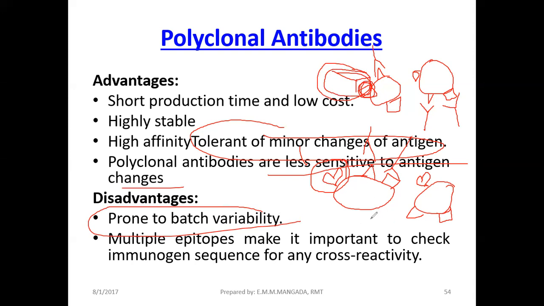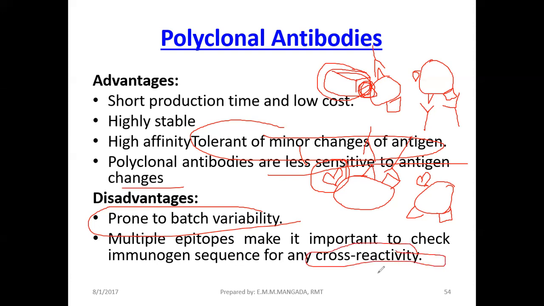Konti lang yung square epitope. So, less sensitive siya. Ibig sabihin, medyo hindi ganun kita yung result niya. So, prone to batch variability. Pwedeng mas madami yung antibody sa ganitong epitope or mas konti yung antibody sa ganitong epitope. Multiple epitopes make it important to check immunogen sequence for any cross-reactivity.